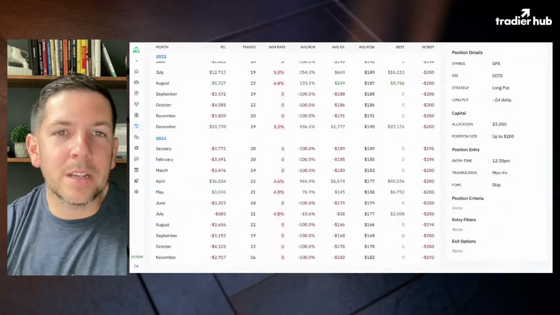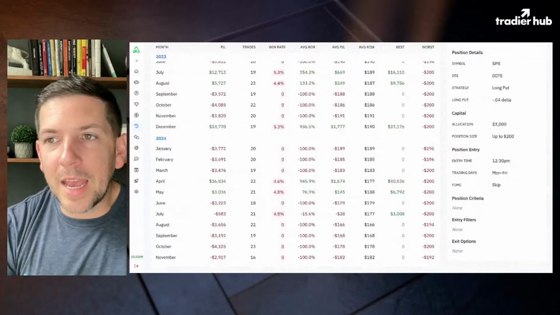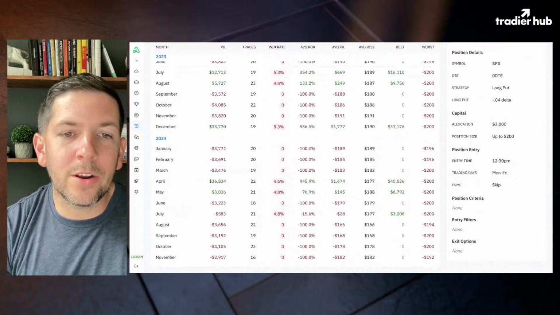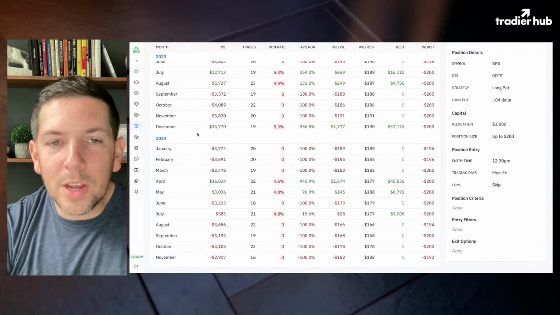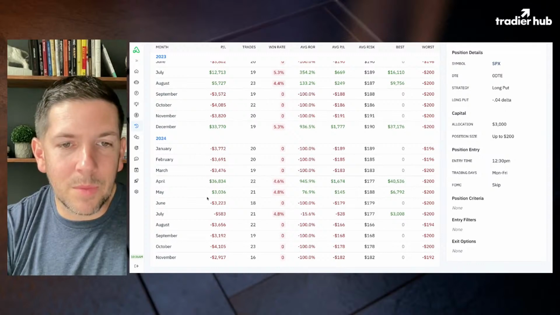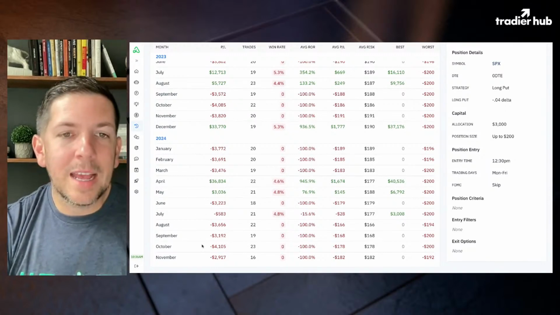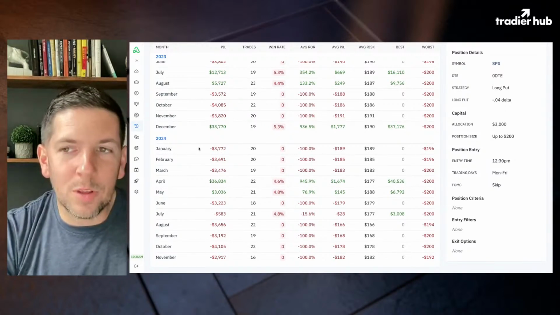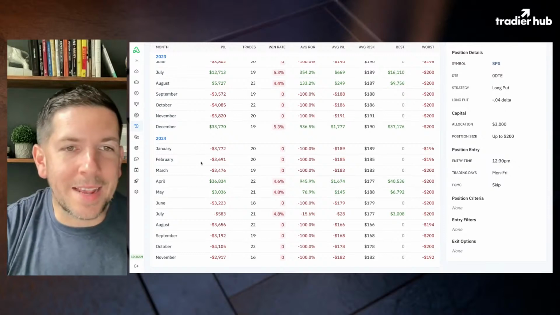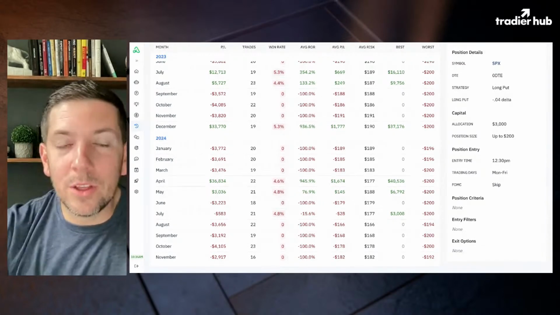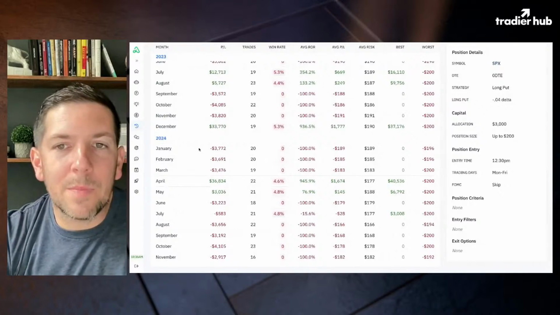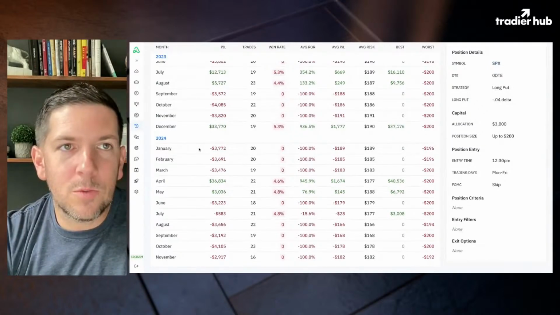So there's probably a couple of months where the market just absolutely tanked and that strategy turned into a winner. That's something you've got to look at, because if you don't have the stomach, and I think this is part of it, to get through a lot of these trading days and a lot of these trading months, that is probably not the strategy for you. Even though the end goal might be there, it's probably not the strategy that you would want to trade.